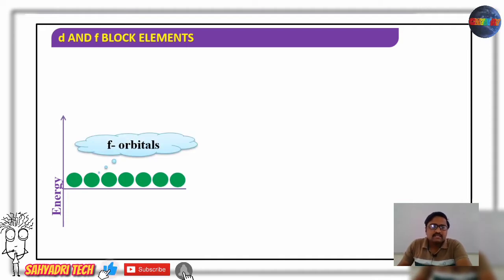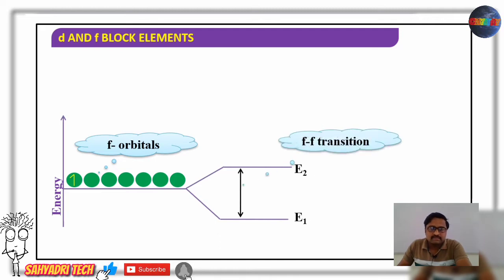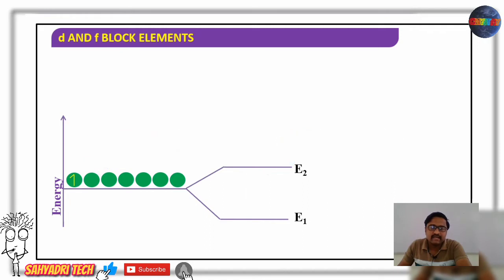Similarly, f block elements also exhibit color. If I consider f orbitals, how many orbitals are present? There are 7 orbitals. If there is an unpaired electron, then whenever energy approaches, the f orbitals also split into 2 energy levels, say E1 and E2.